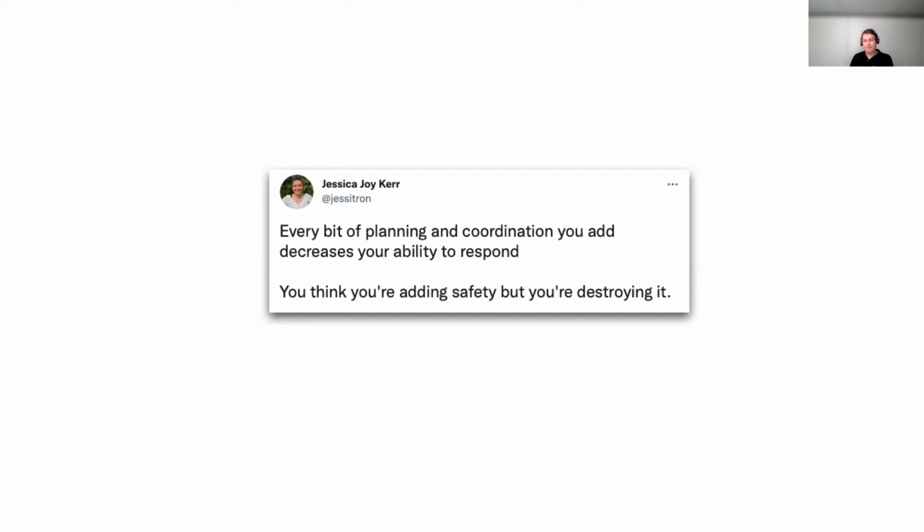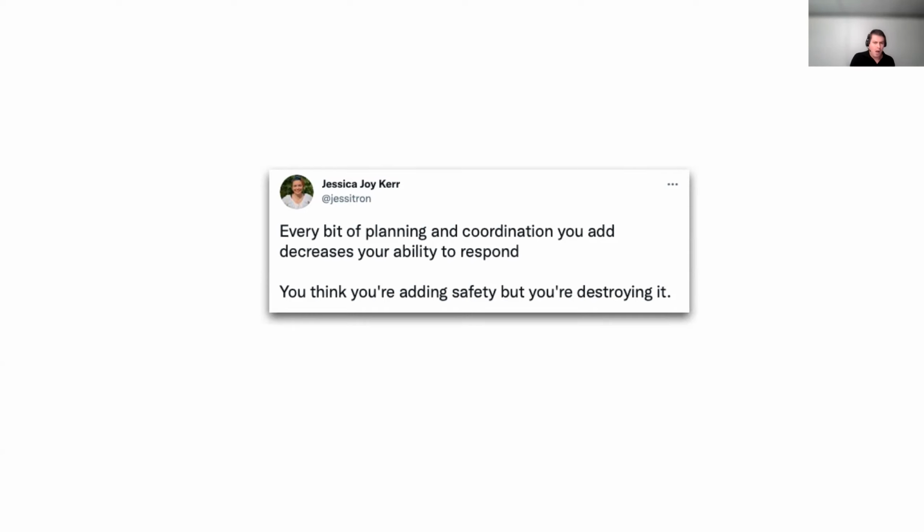So at the end of the day, planning and coordination are destroying your ability to respond. You think that by adding all these steps and processes for checking everything is okay, they are giving you security and stability, but at the end of the day, they are completely damaging your ability to respond, to change, and to perform also.